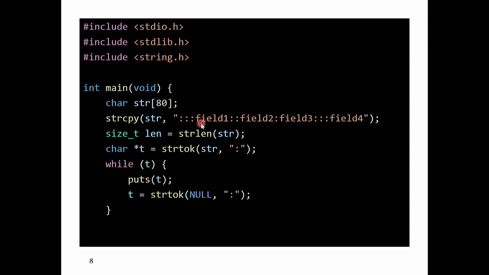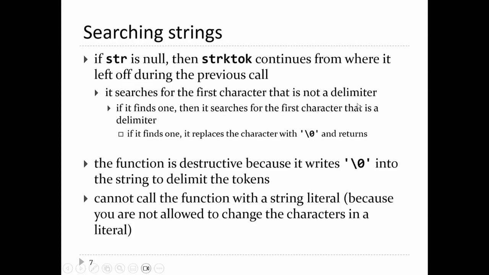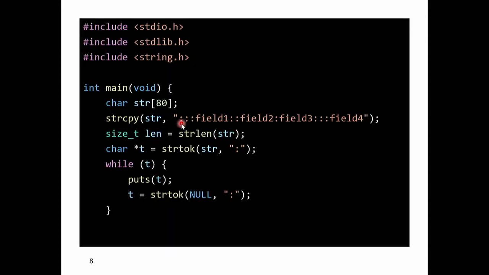So the first time we call the function with this string, it's going to look for the first character that's not a delimiter. Colon's a delimiter, second colon's a delimiter, third colon's a delimiter.